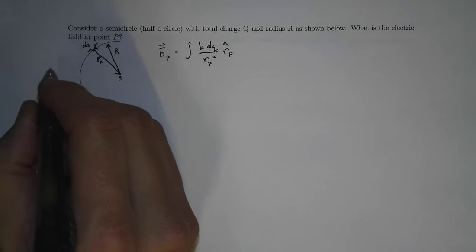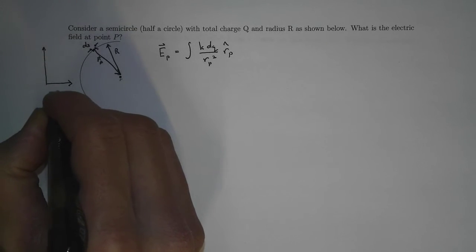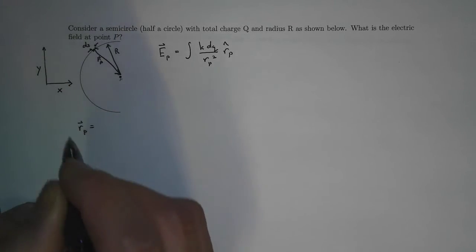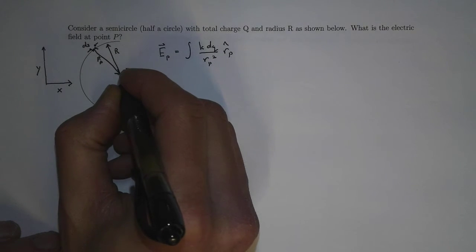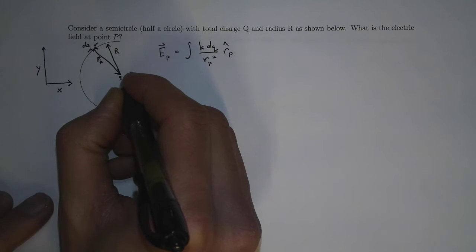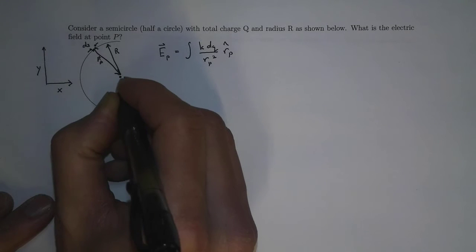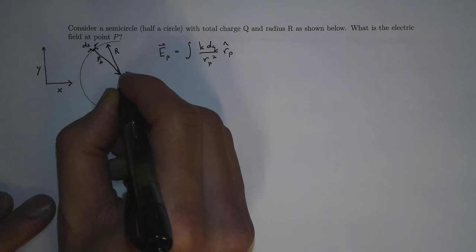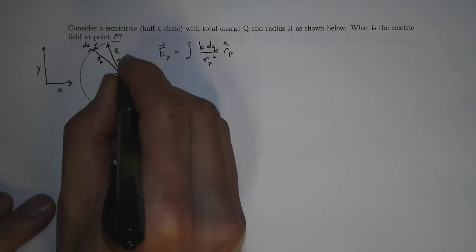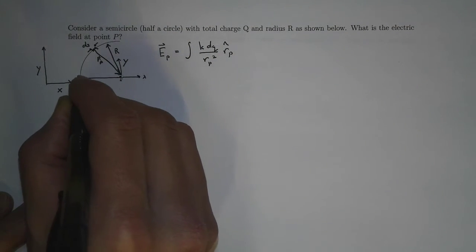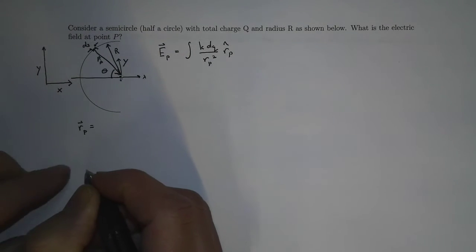Well, let's adopt a little coordinate system here, x and y. Let's think about this fairly carefully. It doesn't really matter where the origin is, but we're going to pick the origin at point P for now. So this will be x, this will be y, and I'm going to pick the angle theta measured from the negative x-axis.